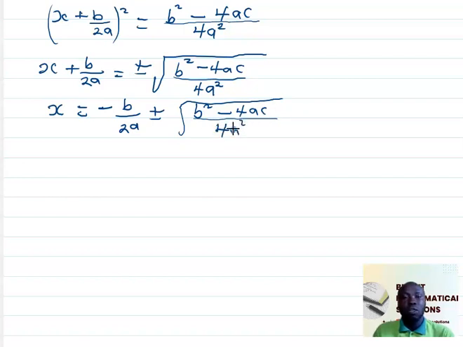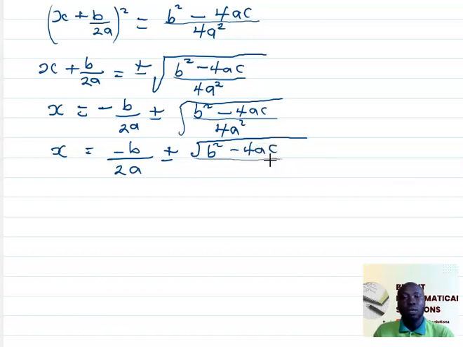We can solve the denominator here such that we find the square root, and the expression will now become x equals minus b all over 2a plus or minus, so it is only the numerator that will now have the square root, b squared minus 4ac all over 2a. By the time you find the square root of this, it becomes 2a.